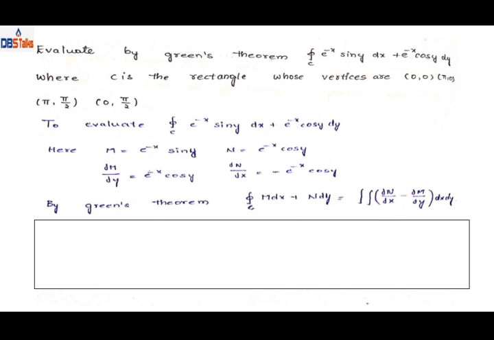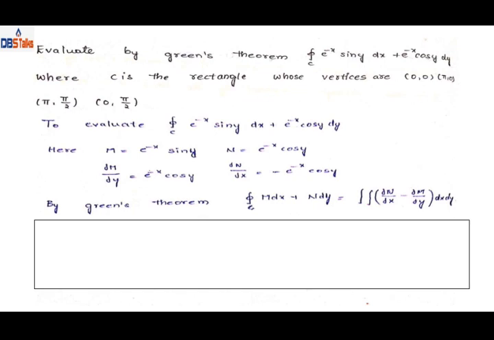Solution: to evaluate the closed integral of e^(-x) sin y dx plus e^(-x) cos y dy. This is in the form of the closed integral M dx plus N dy. Here M equals e^(-x) sin y, N equals e^(-x) cos y. Now we find ∂M/∂y. Differentiate M with respect to y: e^(-x) is constant, and the differentiation of sin y is cos y.